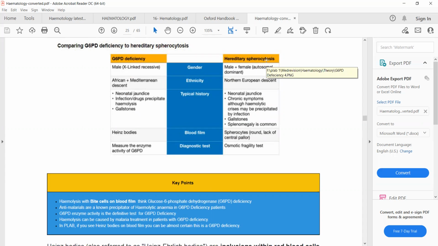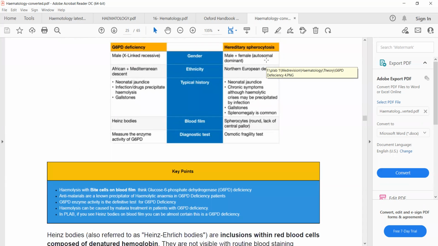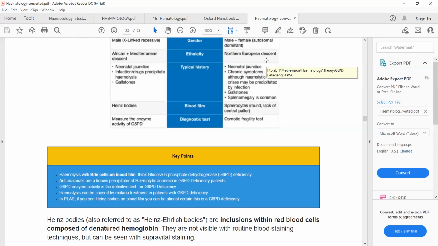So now some key points in this topic. If you see Heinz bodies on a blood film in PLAB 1, you can be almost certain that this is G6PD deficiency. Whenever you see Heinz bodies on a peripheral blood smear, it will always be G6PD deficiency.